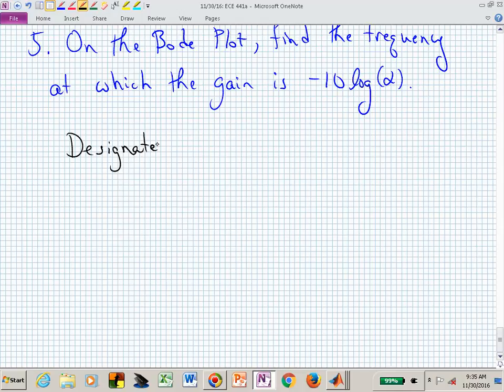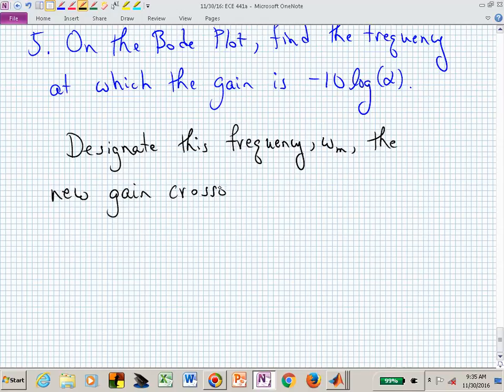And that's our new gain crossover frequency, or it will be close. Designate this frequency omega sub m, the new gain crossover frequency.